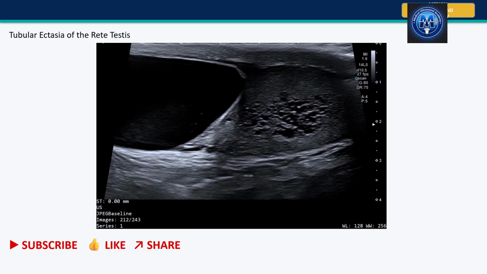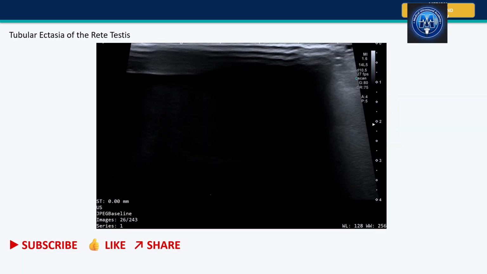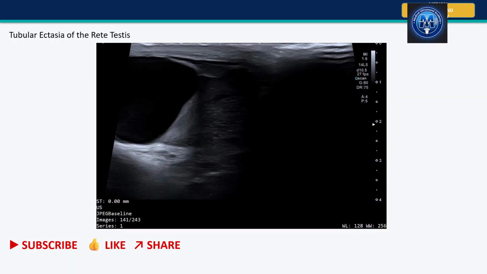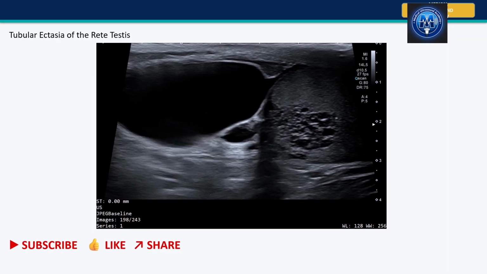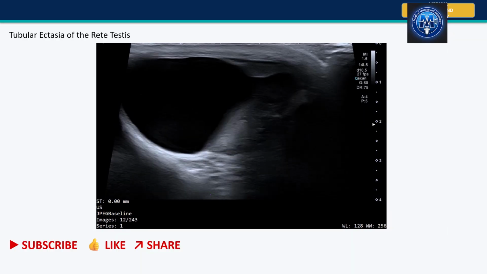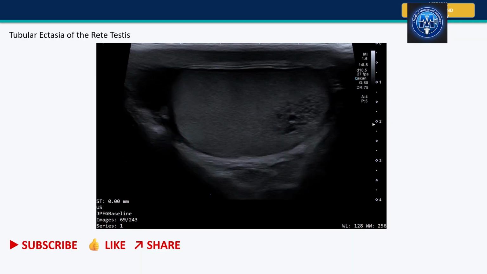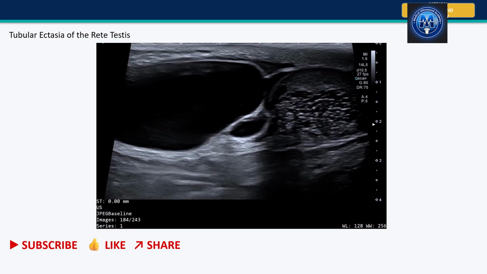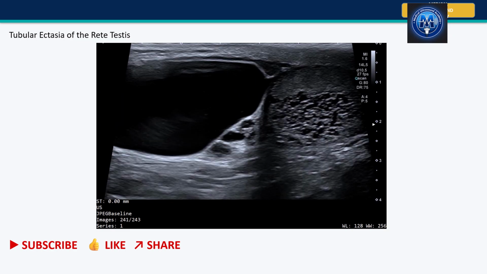It's not cancerous, but tubular ectasia of the Rete Testis is also very common amongst men who have had a vasectomy. So when the tubes are cut, we normally then see the ectasia happening.